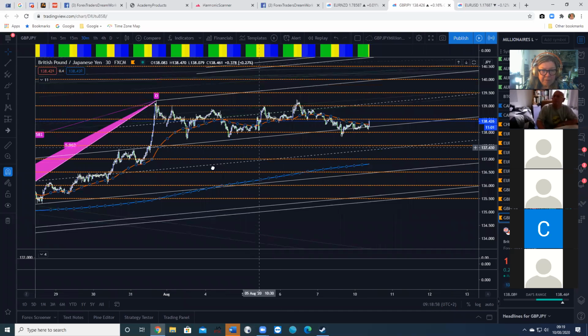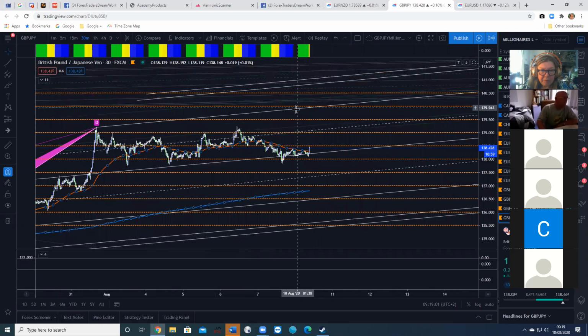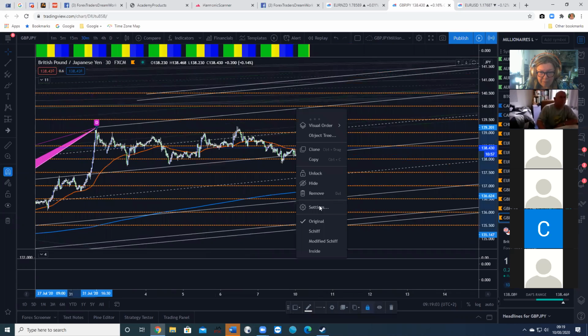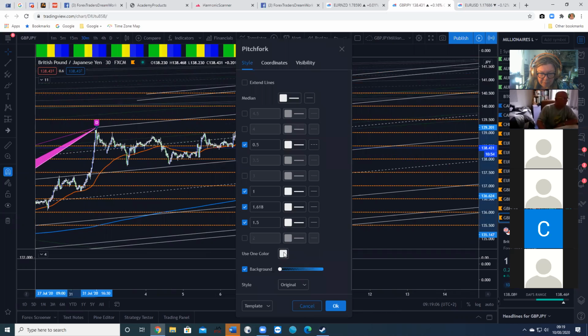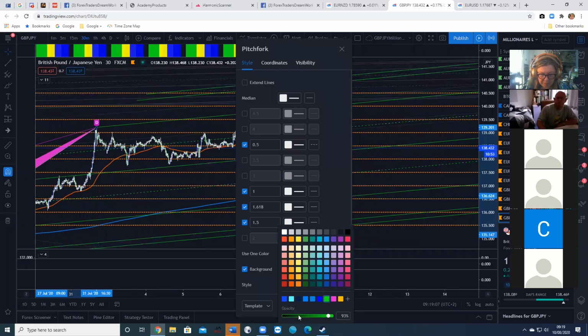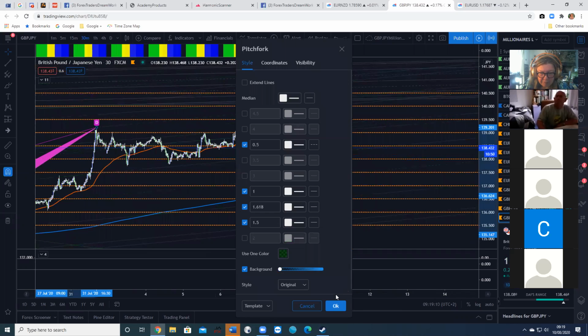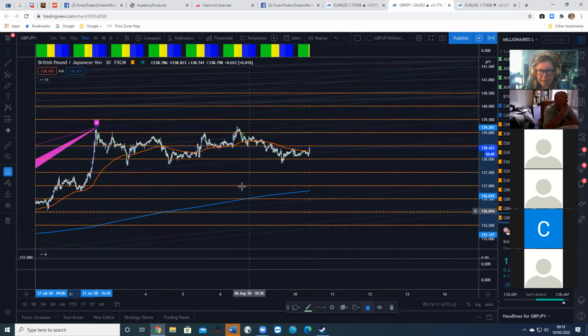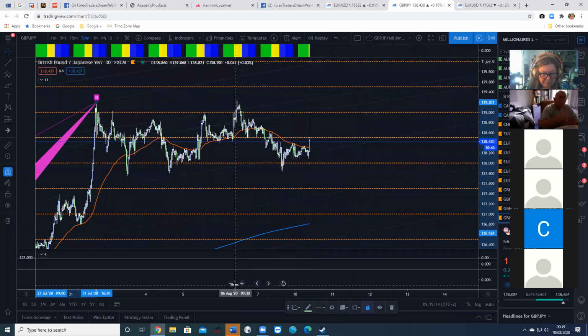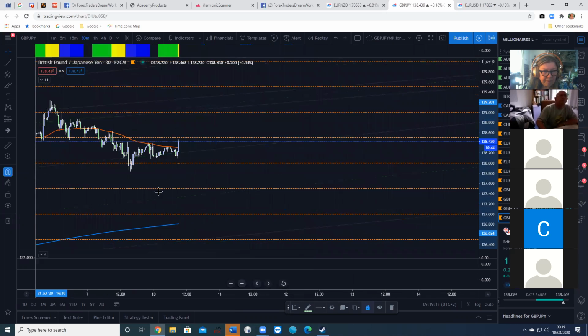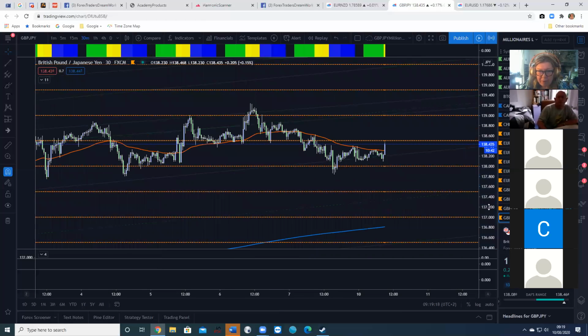Right. Change that to green. So that's an M30. Yes, I can see it coming up to quarter.